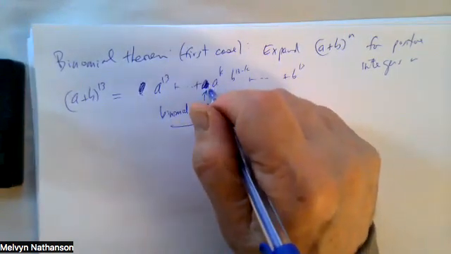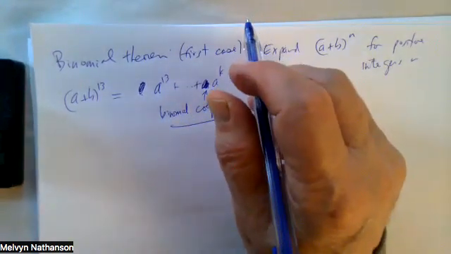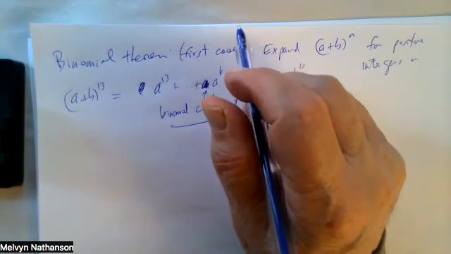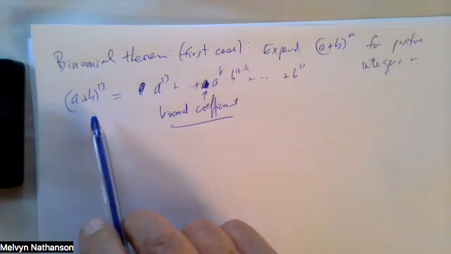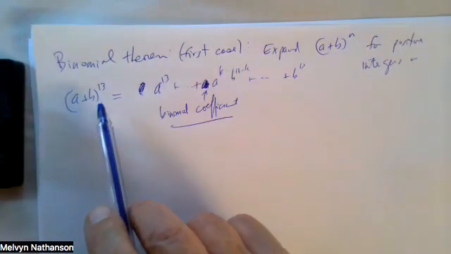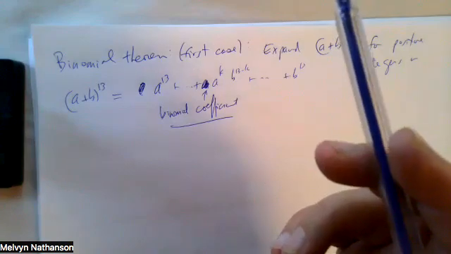And you can find this, among other things, by using Pascal's triangle. Right? Now, if you wanted to find the coefficients for a plus b to the 13th, there's a lot of writing to do.